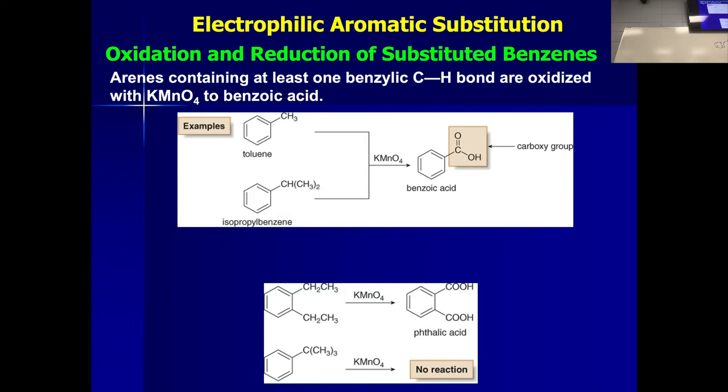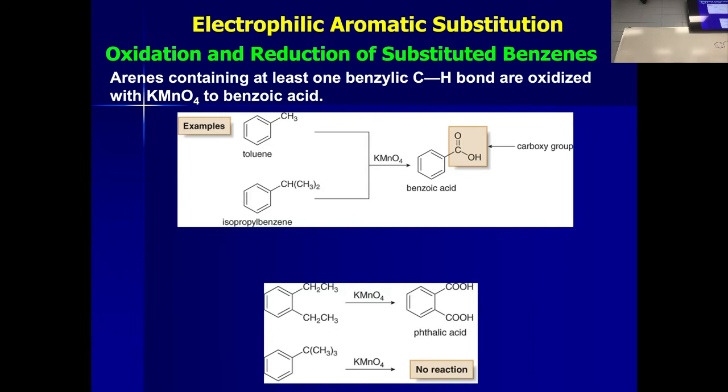If you take an aromatic molecule that has a benzylic carbon, and that benzylic carbon has at least one hydrogen atom attached to it, it can undergo oxidation. Again, remember, O in brackets means general oxidation.